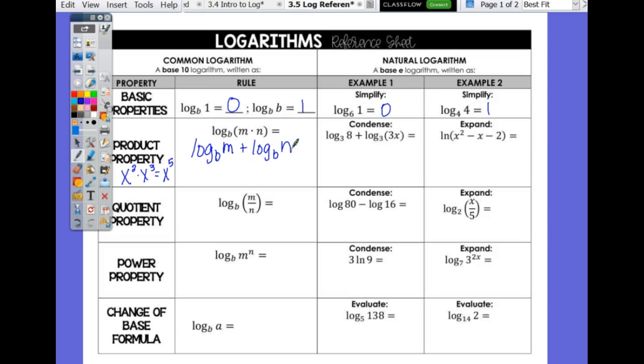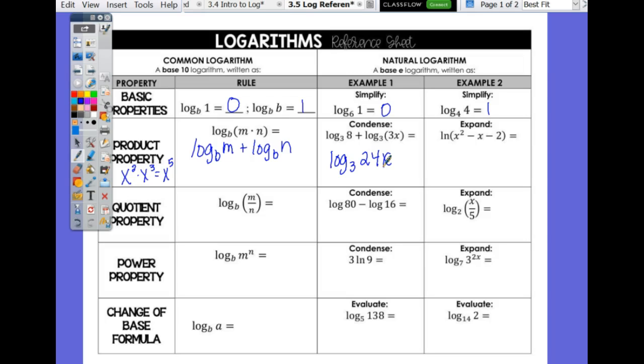So with that, we do two things. We condense and we expand. Condense means I want to take 2 and make it 1. So I have 2 here, so I'm going to write log base 3. And what do I change the plus sign to? Multiply. So I'm going to take 8 times 3x, and what does that give you? So that's your answer.